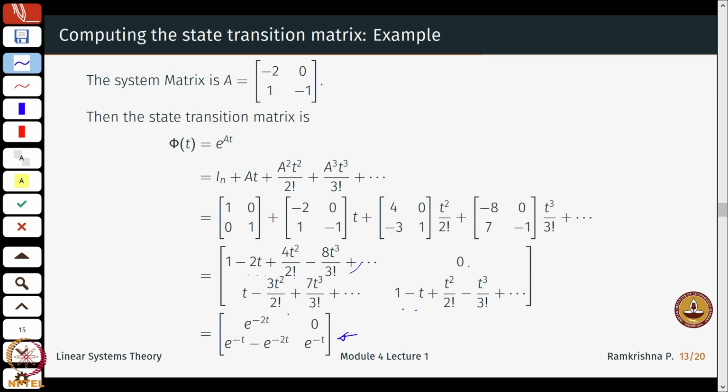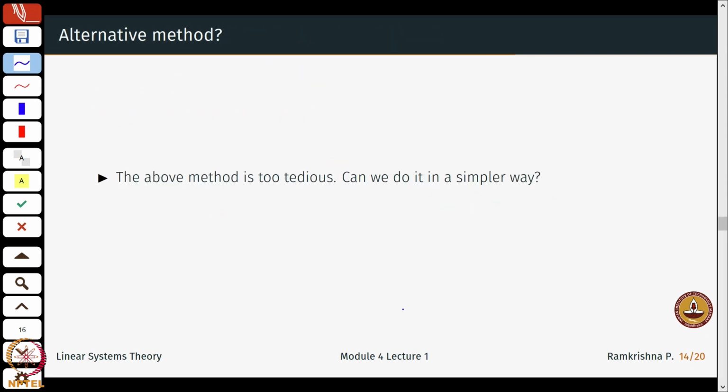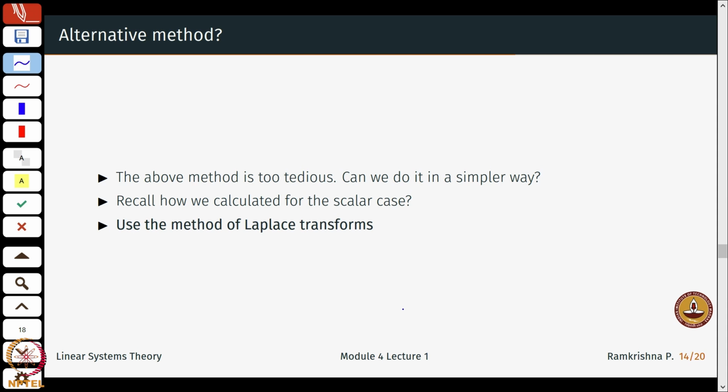Okay. Now, do I really do this all the time? Given any matrix, should I expand it in powers of t and a and then try to get a solution? That might be a little tedious, but what we know, which we already started motivating with, is the use of Laplace transforms.